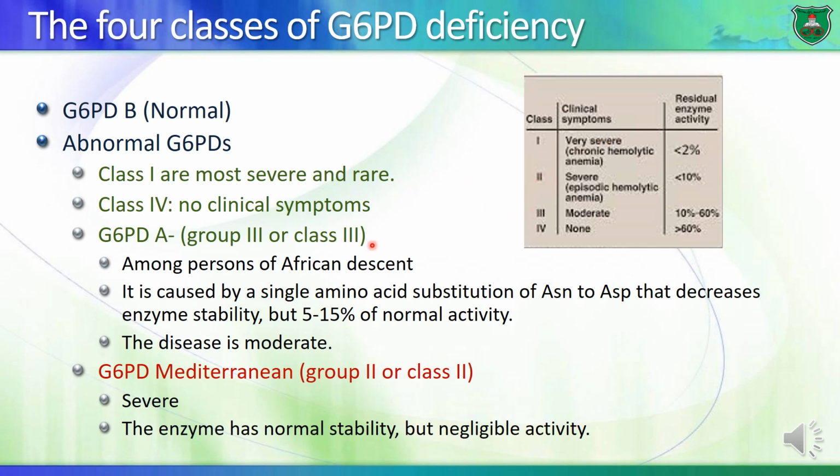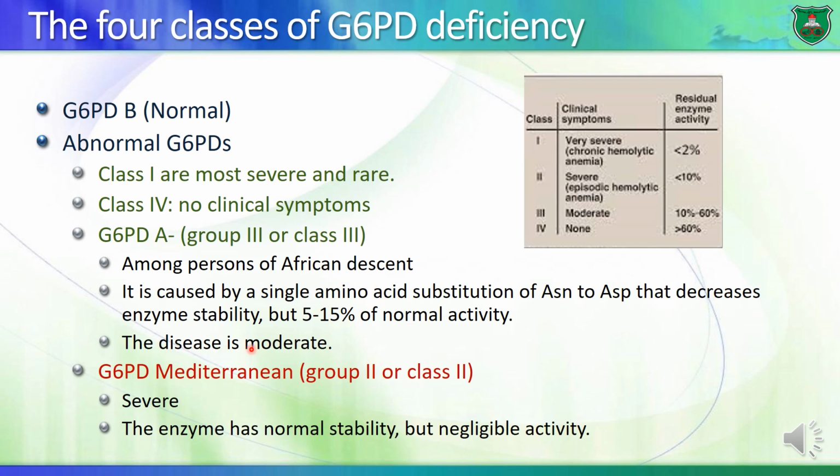Now class 3 variants are mainly African type, so they are more common among people of African descent. Now what happens here is that you have again single point mutations. Primarily you have a mutation changing asparagine to aspartate that would decrease enzyme stability, but the enzyme is still active. Now the activity of the enzyme is about 5 to 15% of normal activity.